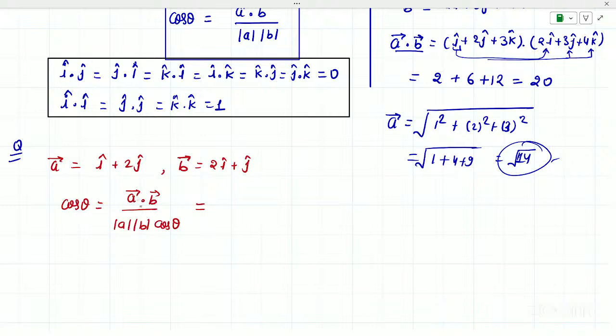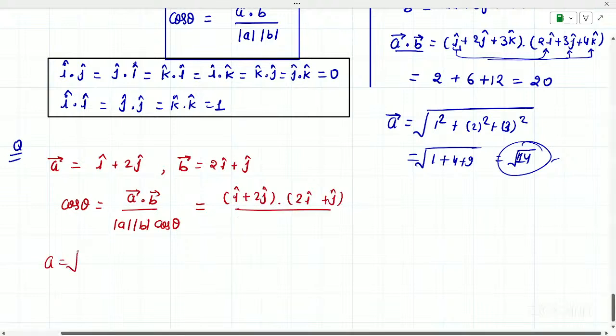Magnitude of A, let's just calculate it early. This is I cap plus 2j cap dot product with 2I cap plus j cap, divided by the magnitude of A, which is nothing but square root of 1 square plus 2 square, which is root 5, and similarly for B, B will also be root 5.